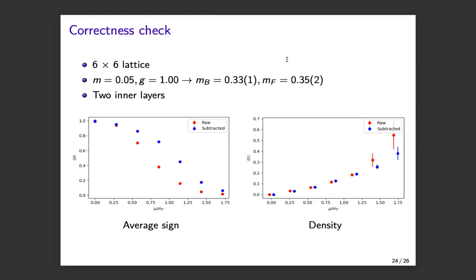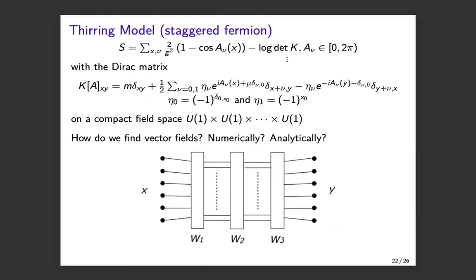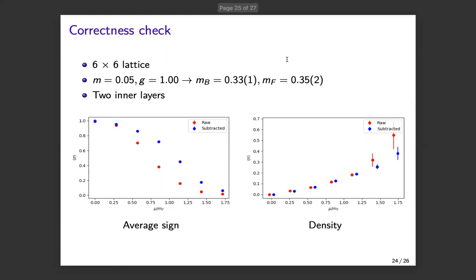I think I skipped the action slide. This is my action for the Thirring model with the scalar fermion. You can see that when you don't have any subtraction, the average sign gets worse as you increase the chemical potential.